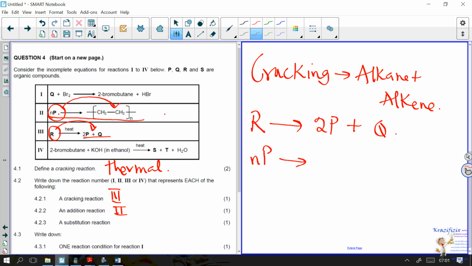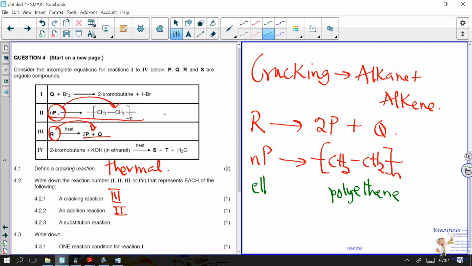NP gives me a polymer. Automatically, let's try to fix this. This is polyethene, which is made from ethene. So that means my P is ethene. Automatically, this one is an alkane.